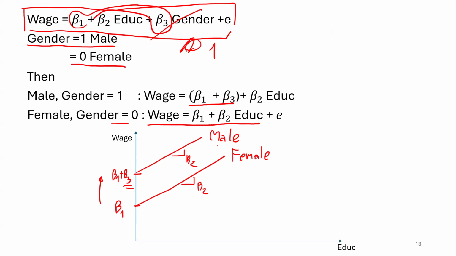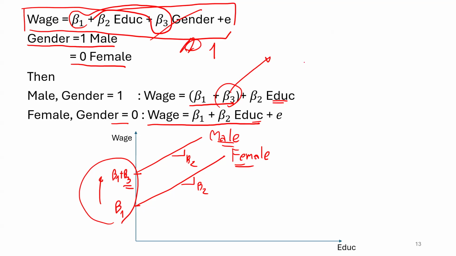Why does male have a higher wage than female? It does not depend on their education, it depends on the starting salary. You may argue with me why male must be greater than female. It's not always greater. It depends on the direction of beta 3.